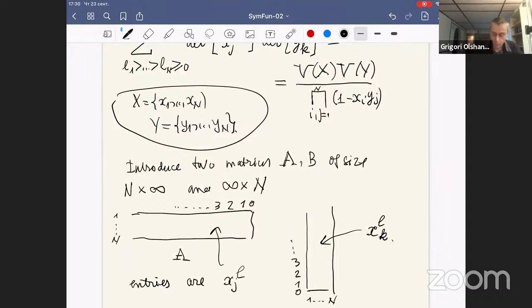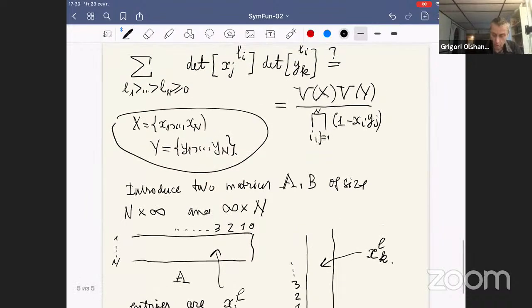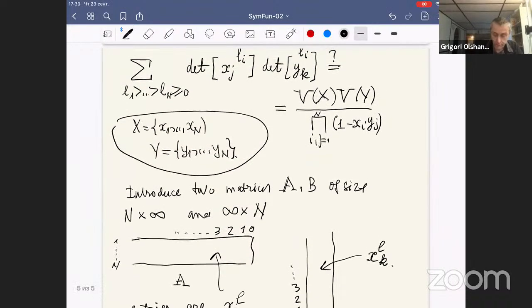Okay. And look at this. So what we have, you take some minor, which corresponds to a given collection of these numbers. Maybe we have to read, no, it's okay.